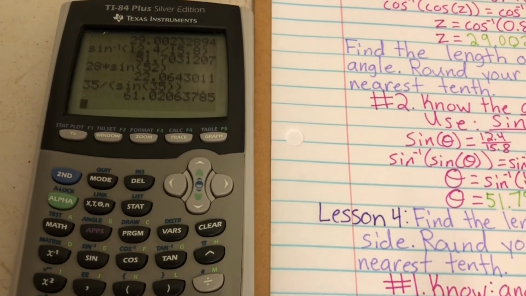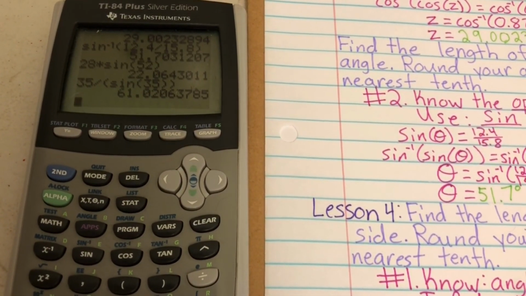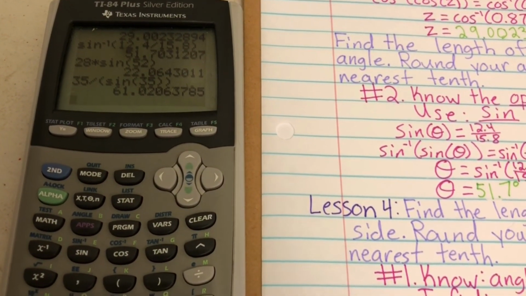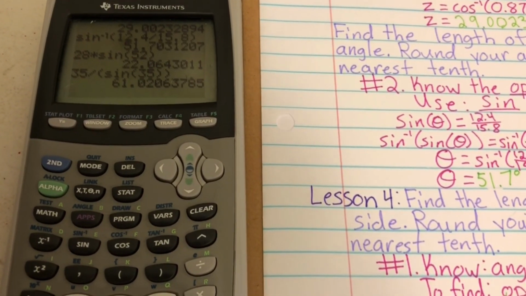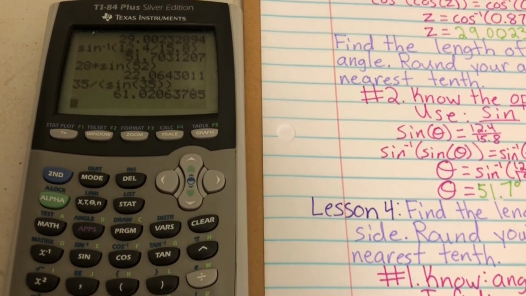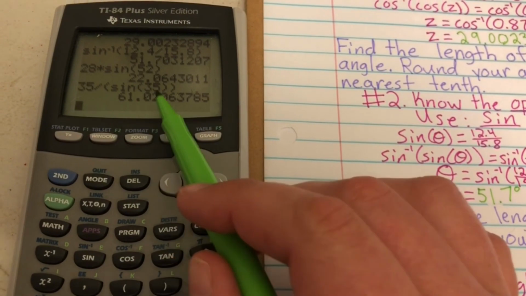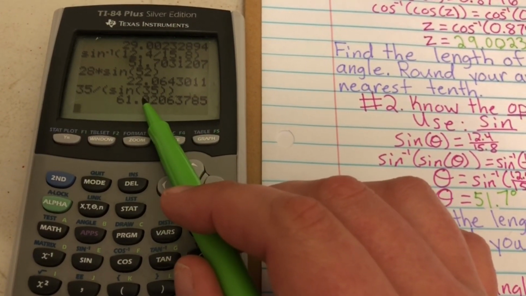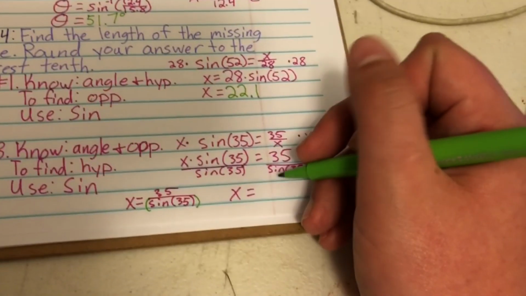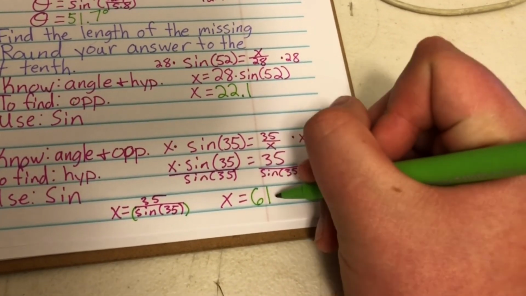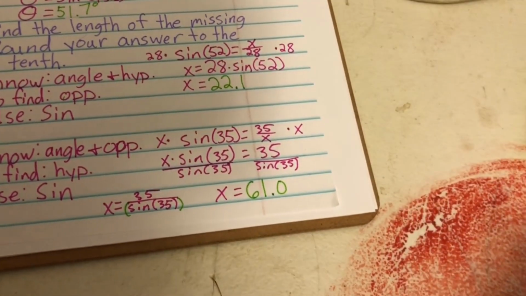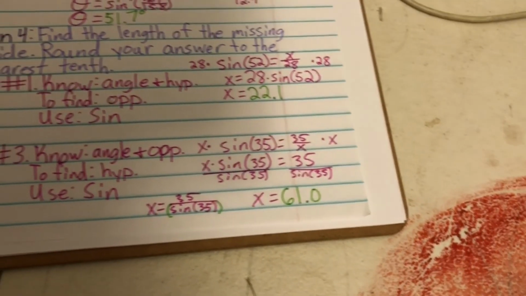I'm going to hit enter. And I get 61.02 blah blah blah. So again, rounding to the nearest tenth, it is 0, and that 2 is not going to make it round to 1. So our x is 61.0. And that would be our answer.